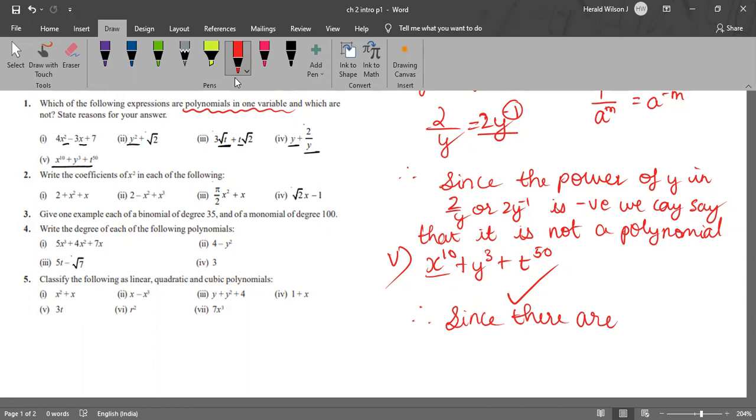You don't need to copy whatever I'm telling you. Fine. Since there are three variables, we can say that it is not a polynomial.